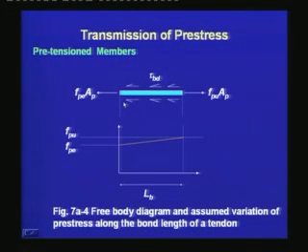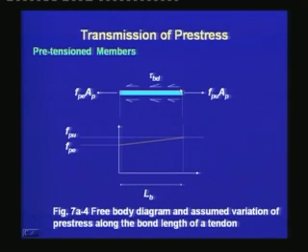In order to evaluate the bond length, we consider a design bond stress, which is represented as tau BD, and in this free body diagram we can observe that on the left side of the tendon, the prestressing force is the effective prestress times the area of the prestressing steel, whereas on the right side, which has the ultimate capacity, the prestressing force is FPU times the area of the prestressing steel AP, and this is under equilibrium along with the bond stress tau BD, which is assumed to be constant over the length.